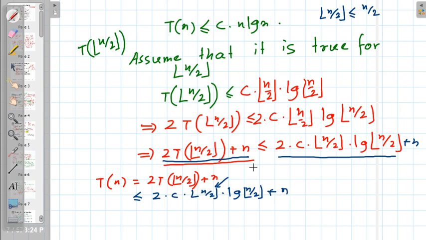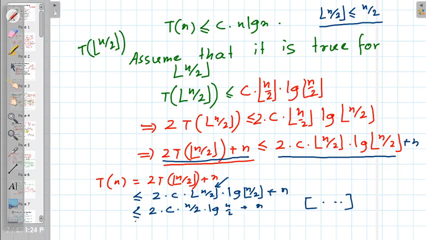So you have to omit that as quickly as possible, so that our life becomes easier, right? So we can write that this is less than or equal to 2c times n by 2, so instead of this by this inequality you write here, times log n by 2 plus n.